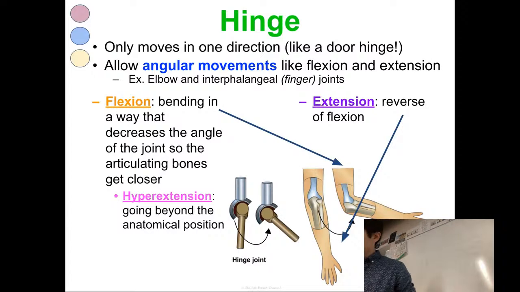Gliding allows them to glide. And then the other one is your finger, and it allows hinge joints.